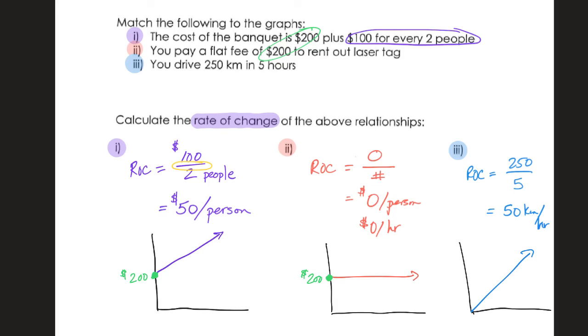First off, can we look in the middle at the red? Our rate of change was 0. And what do we know about the slope of that horizontal line? It's 0. Our rate of change is our slope.